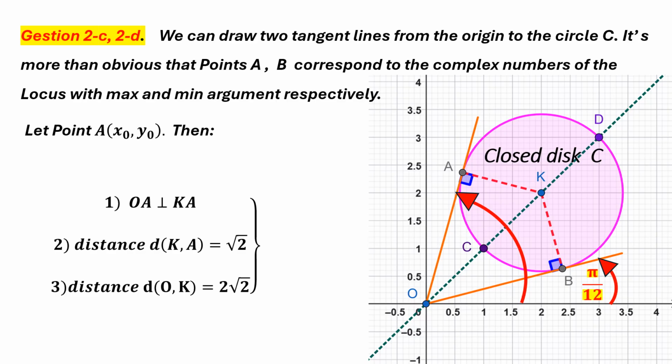Now our goal is to determine the coordinates, x0 and y0, of point A. This can be done by a couple of standard ways. Let us call the first way the trigonometric method. Since the coordinates of points O and K are known, we can calculate the length of the OK segment.